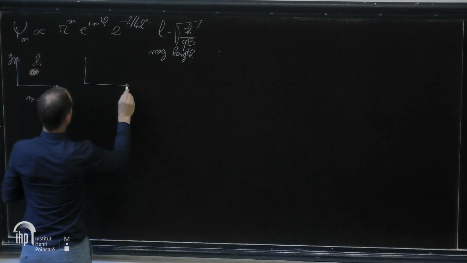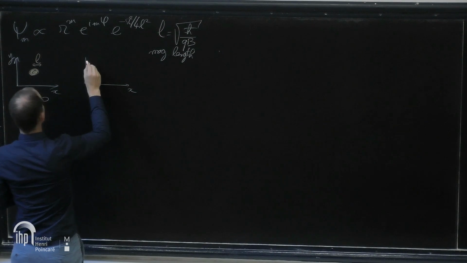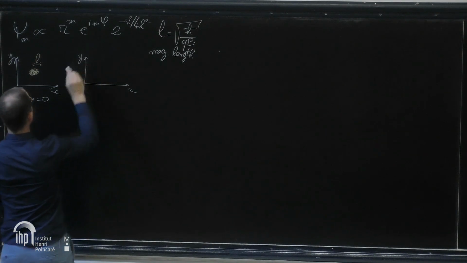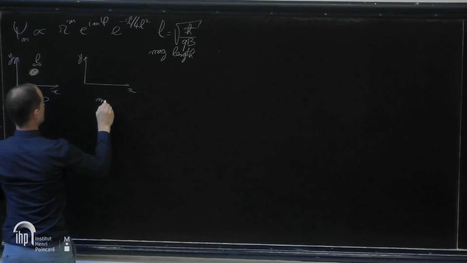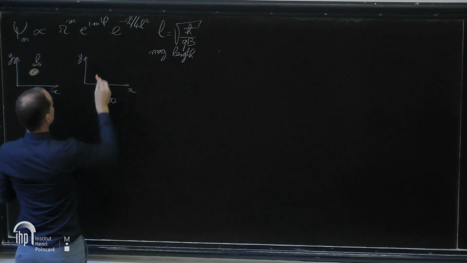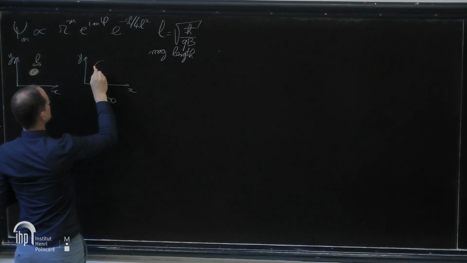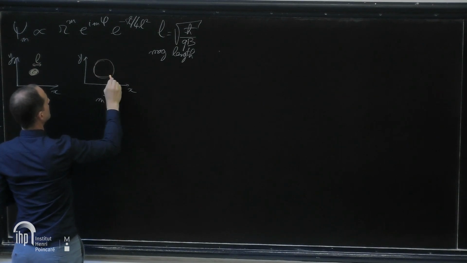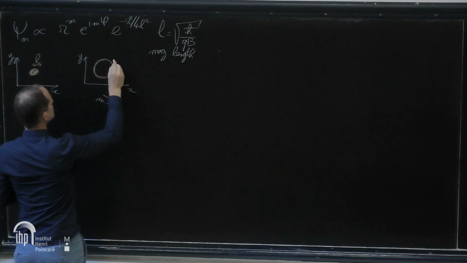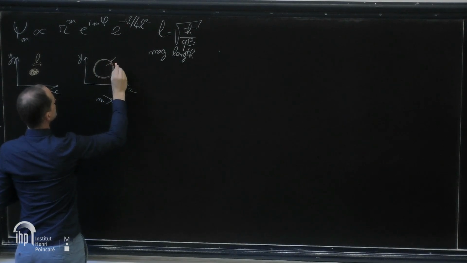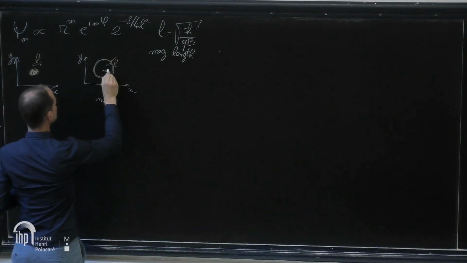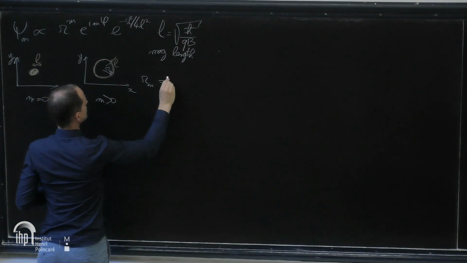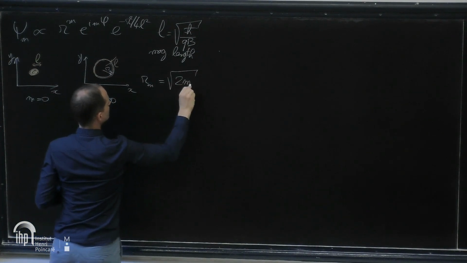If now I consider a higher value of m, I don't call it an excited state because it's degenerate. So for m larger than 0, I will have the probability distribution concentrated on a ring that has a certain width. The width is still of order l, but what will be important in the following is the radius, Rm, that scales as square root of 2m times l.